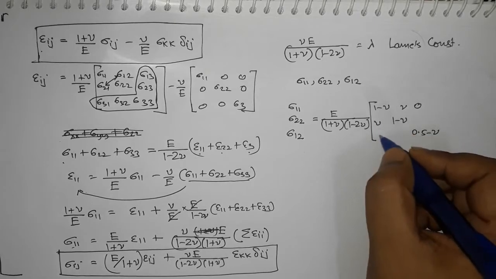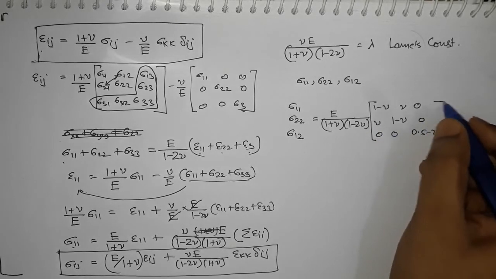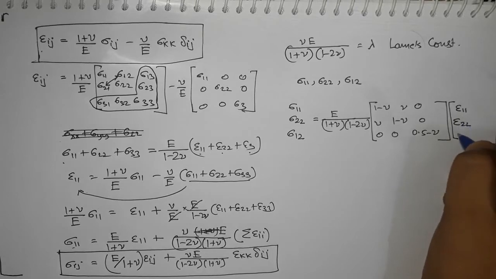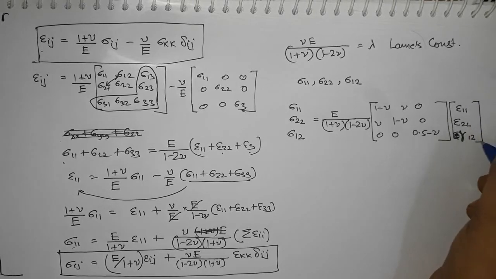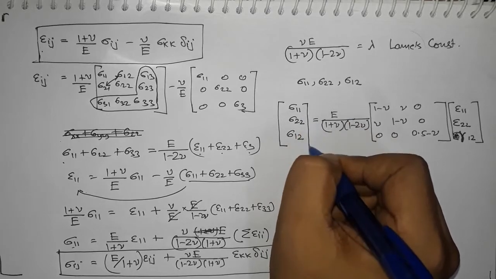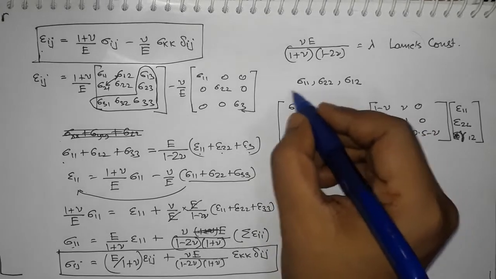And then you write epsilon 1 1, epsilon 2 2, and gamma 1 2. You know gamma 1 2 is equal to 2 epsilon 1 2. So this is engineering shear strain, which we spoke about in our last lecture on the strain tensor, right? So this is the relationship between stress and strain in plane stress.